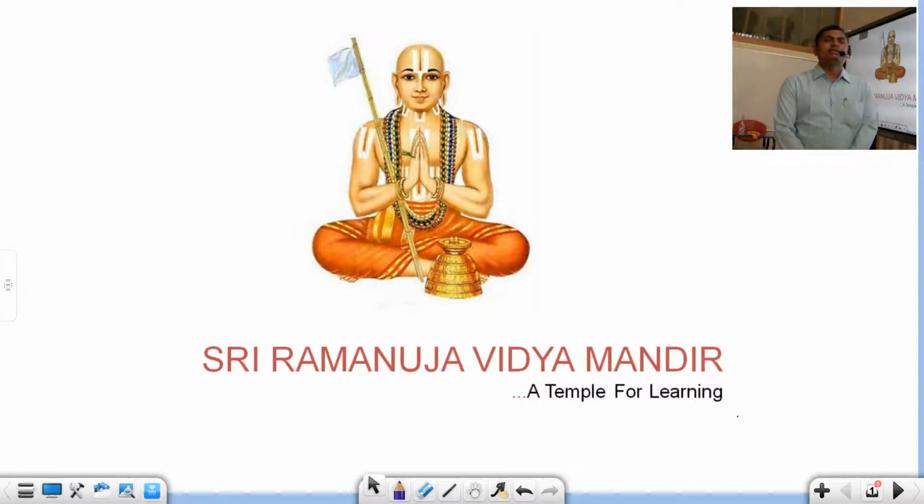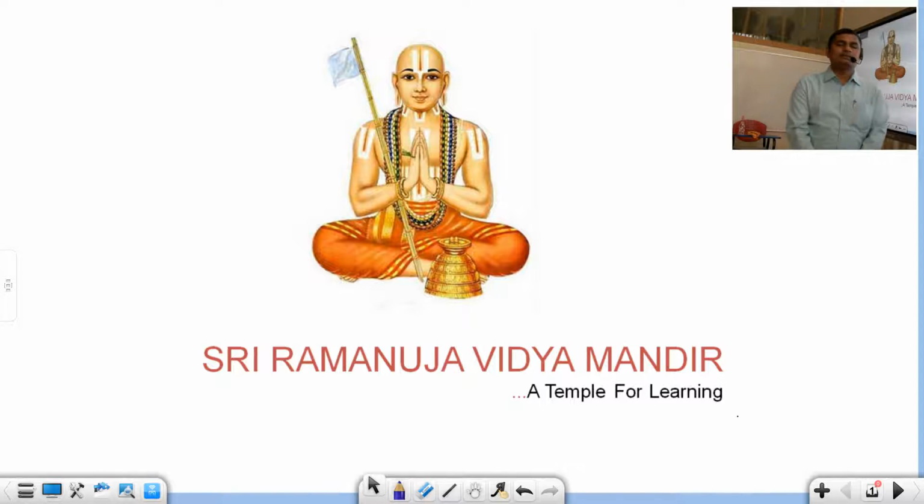Third case, when the object is placed exactly at the center of curvature, then where is the image position? It is exactly at the center of curvature only. If the object is at C, the image is also at C. And what about nature? Real, inverted, and size? Equal size. Only in this case the image size is the same as the object size. This is the third case.